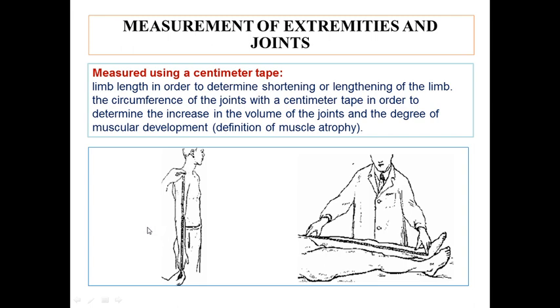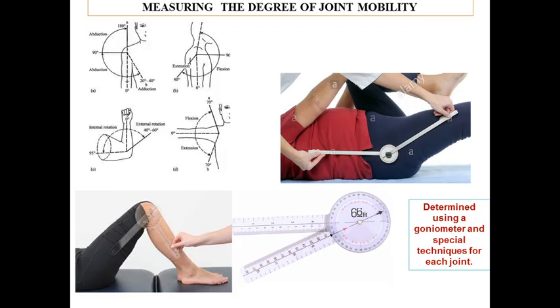Also, to determine any kinds of deformities, you can use measuring methods with a centimeter tape: limb length in order to determine shortening or lengthening of the limbs, and the circumference of the joints in order to determine the increase in volume of the joints and the degree of muscular development.